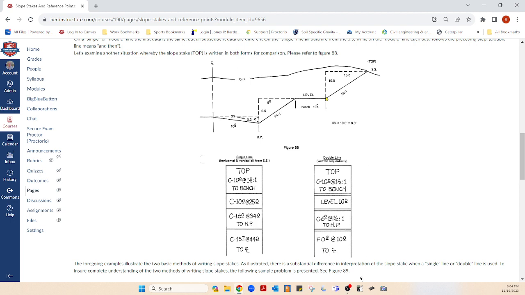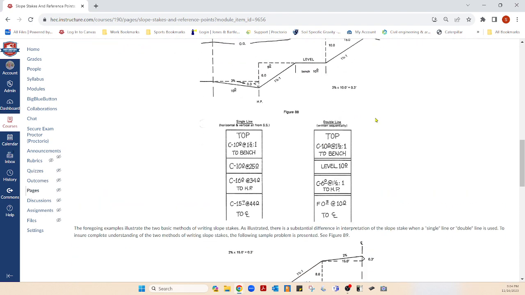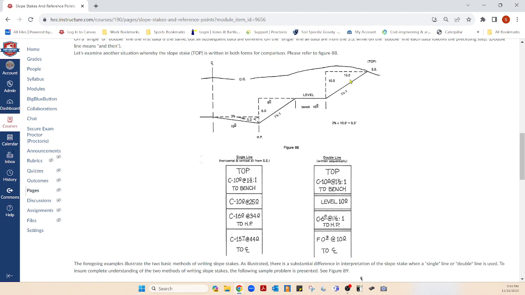I can get rid of some of this me calculating. Let's see, I'm on exercise. I'm not in the exercises yet. We're still just going through the practice. But this one the stake would be cut, I'm going to use a single line.